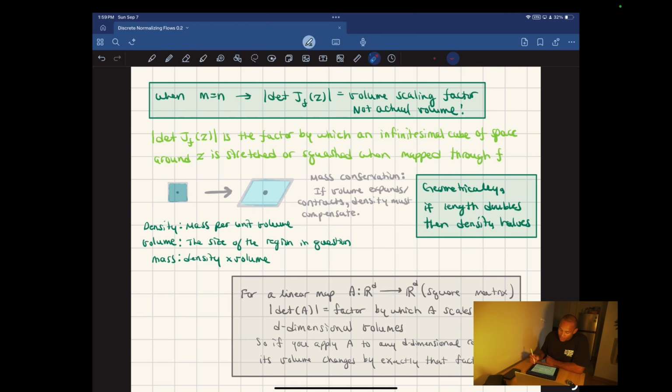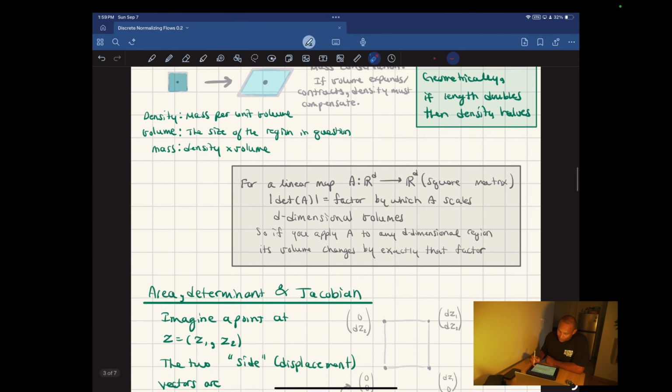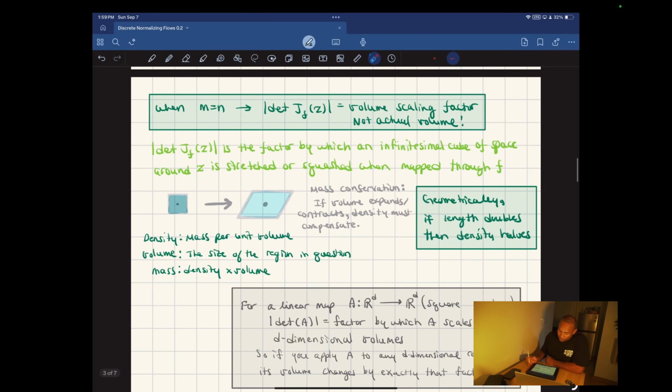Essentially the thing to know is that we have some infinitesimal cube defined around our point Z, and after it gets mapped through F, it stretches or compresses and is transformed into, in this case, this parallelogram.